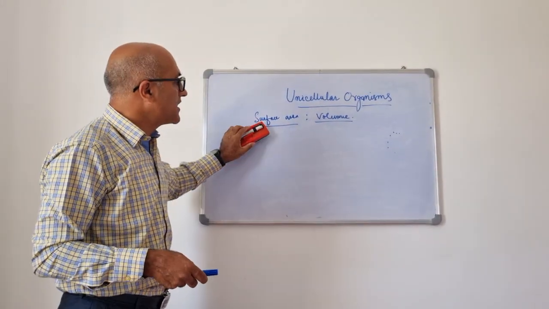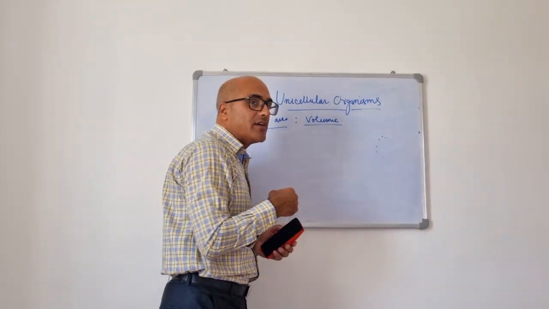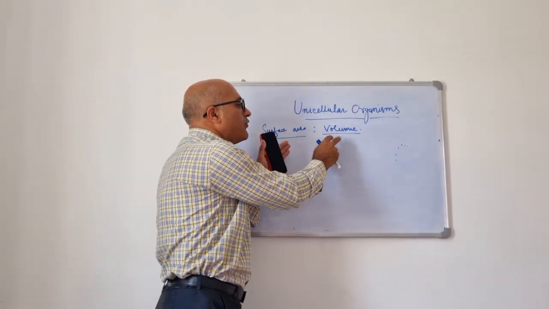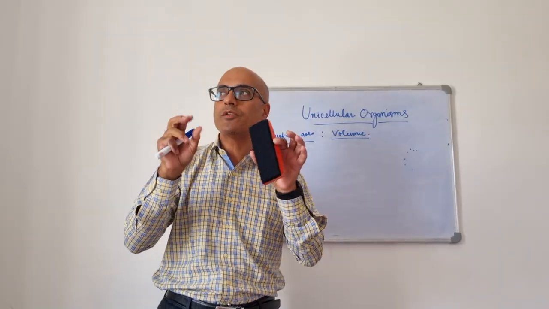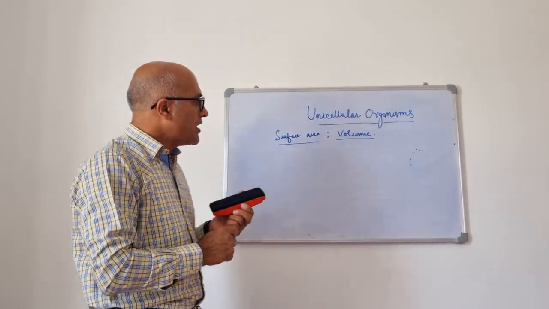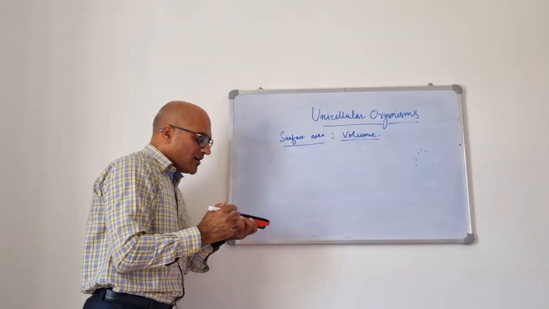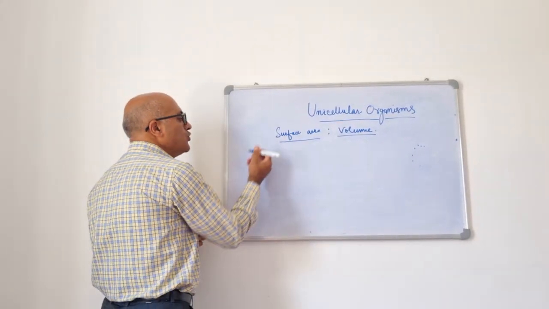And surface area means the area of the surface which is covering this cell. So this surface area and volume ratio is very essential for proper functioning of the cell. If this surface area and volume gets increased or decreased with certain factors, there are two factors involved.